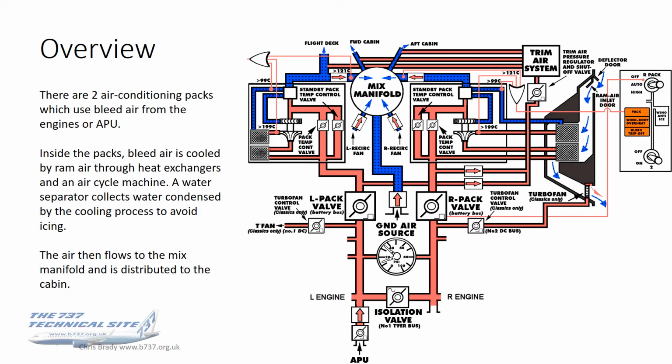As a high-level summary, there are two air conditioning packs, and these use bleed air from the engines or the APU. Inside the packs, bleed air is cooled by ram air through heat exchangers and an air cycle machine. A water separator collects water condensed by the cooling process to avoid icing. That air then flows to the mix manifold for onward distribution to the rest of the cabin.